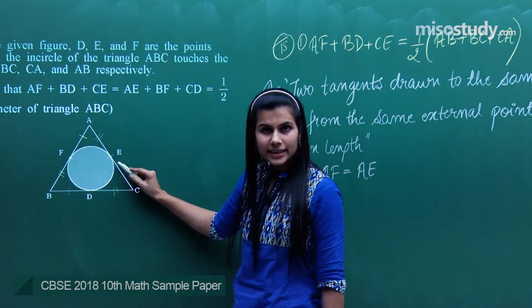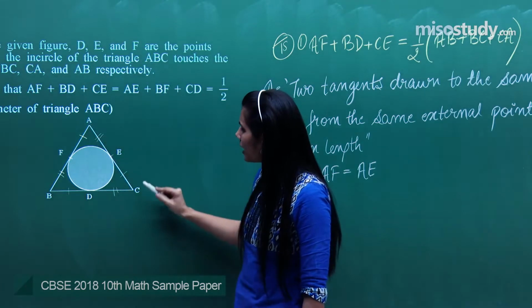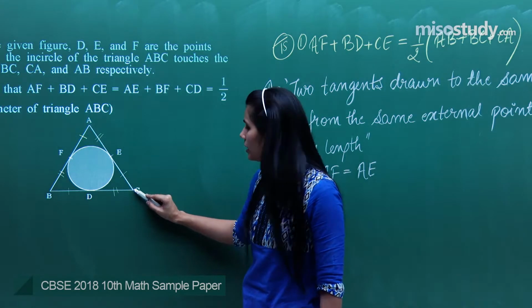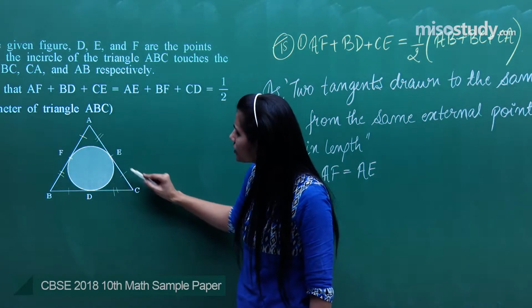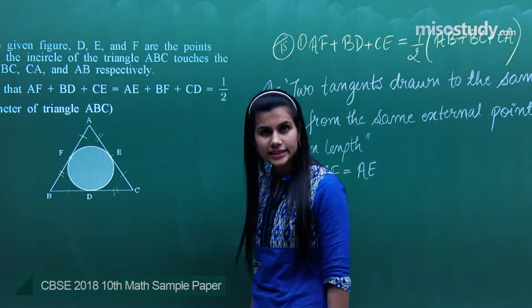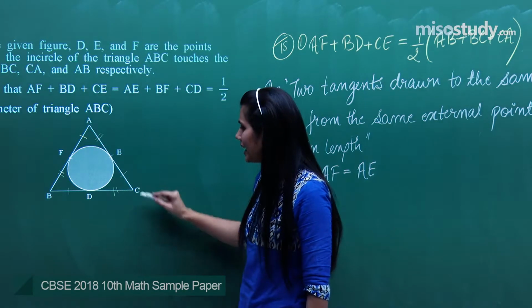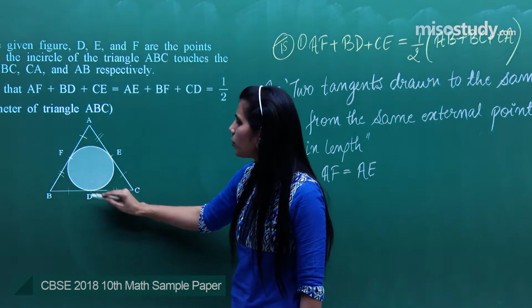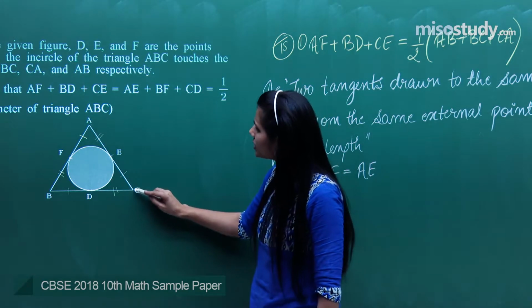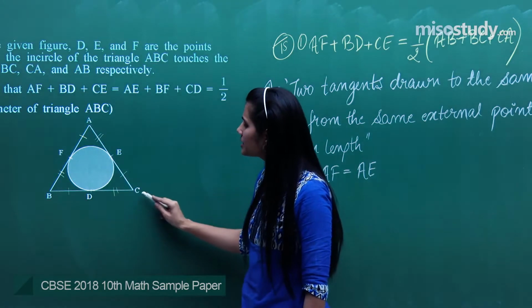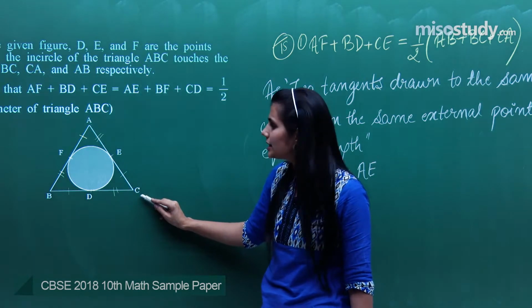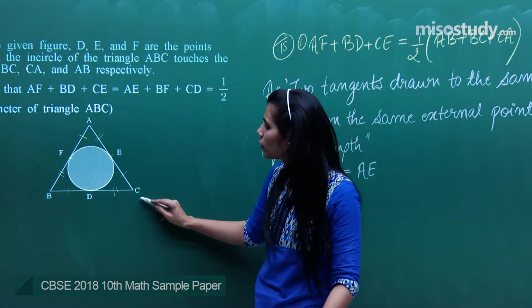The moment we have completed this part, let's move to another point C. Now from C again there are two tangents, CE and CD. CE is meeting the circle at point E and CD is meeting the circle at point D. Again, because they are two tangents drawn to the same circle from the same external point, their lengths will be equal.